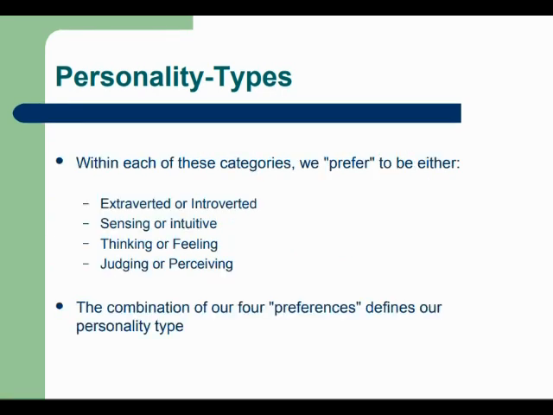Within each of these categories, we prefer to be either extroverted or introverted, sensing or intuitive, thinking or feeling, judging or perceiving. The combination of our 4 preferences defines our personality type.